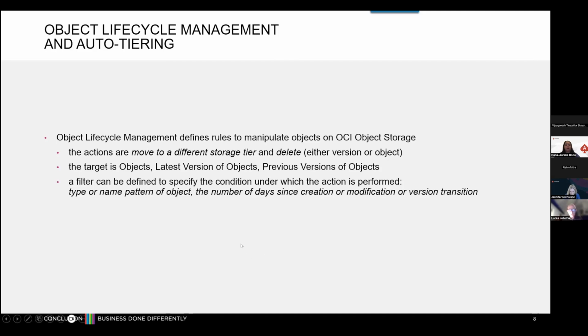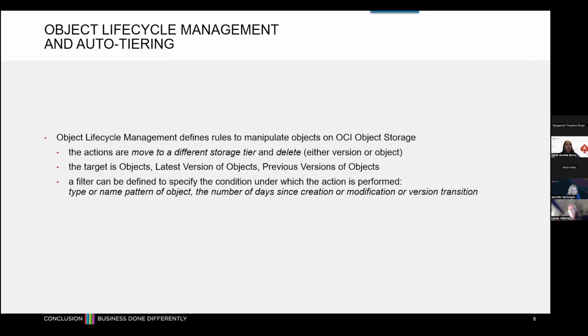And you can define these rules for objects, for the latest version of an object, or for previous versions of objects. You may not even have realized that on object storage you can have multiple versions of an object. Well, you can, and you can handle them in different ways. You can define specific filters in your rules to indicate what type of object or what situation of the object the rule should act upon.